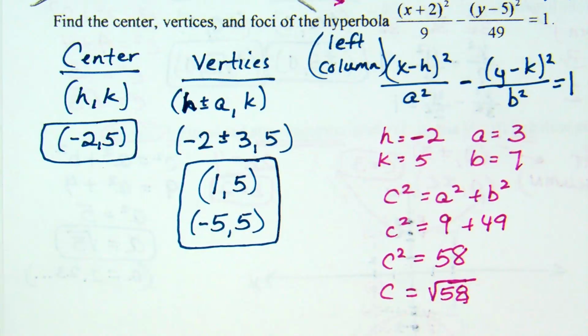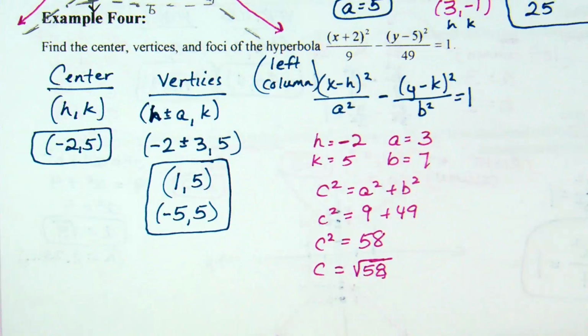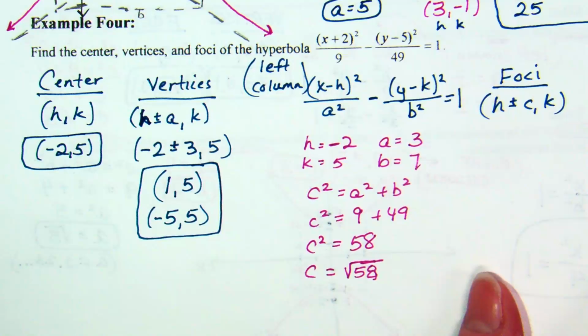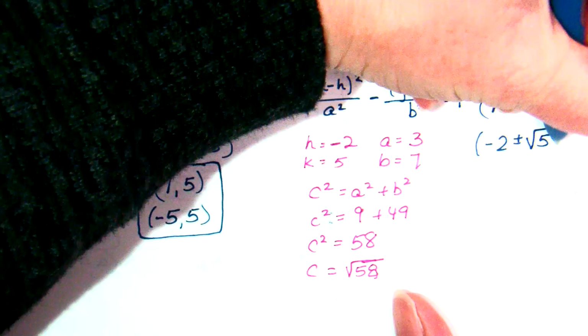That's vertices. I'm going to jump over to the right-hand side of my paper. Foci are just as easy, right? What's foci according to my chart? H plus or minus C, comma K. Negative 2 plus or minus the square root of 58, comma 5.